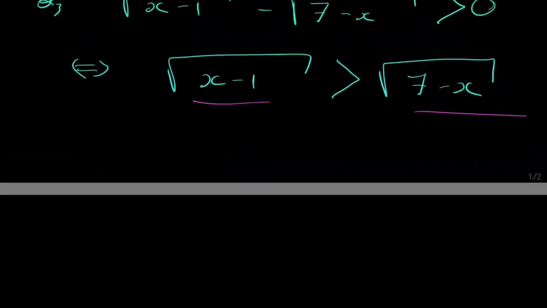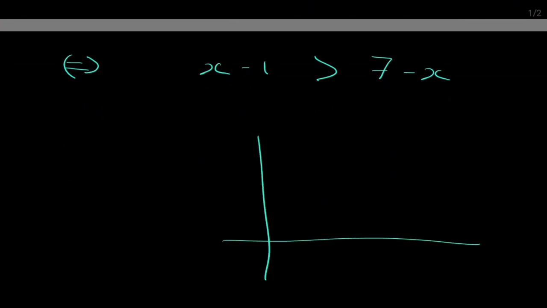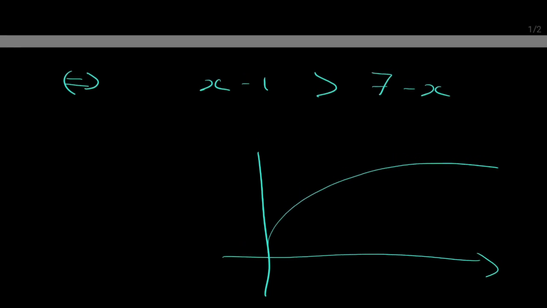This is very easy, and when those two things are defined, so in this case, we have this thing, the inequality on the square root is equivalent to the inequality for what's inside of the square root. Because the function square root that I will represent here, when we have two images, so maybe this one and this one, if this one is greater than this one, this implies that their arguments, let's call them a and b, b will also be greater than a.